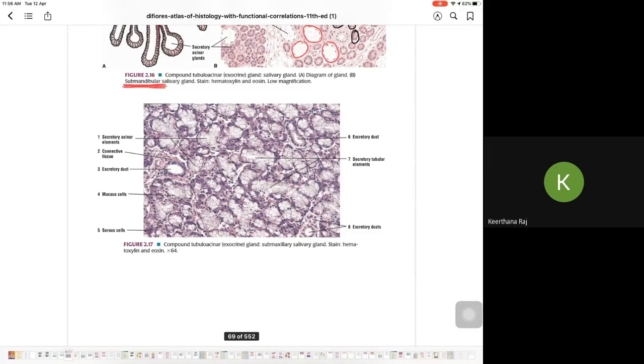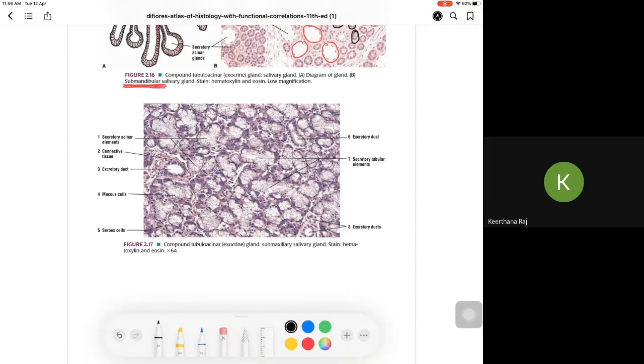I hope you understand the difference between the acinar and ductal. These are all ductal, cuboidal epithelial cells. Whereas these are all the acini. They are more like columnar cells when mucin secreting, and they may be cuboidal with eosinophilic cytoplasm when it is a serous cell.